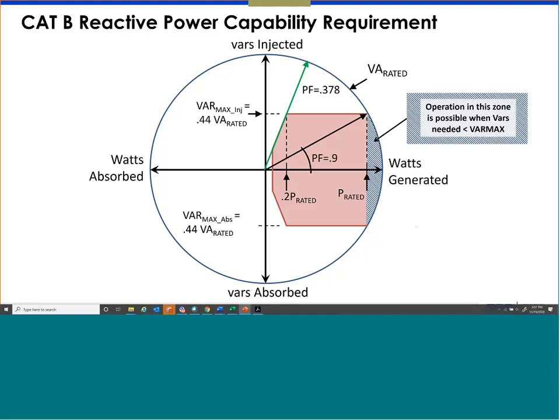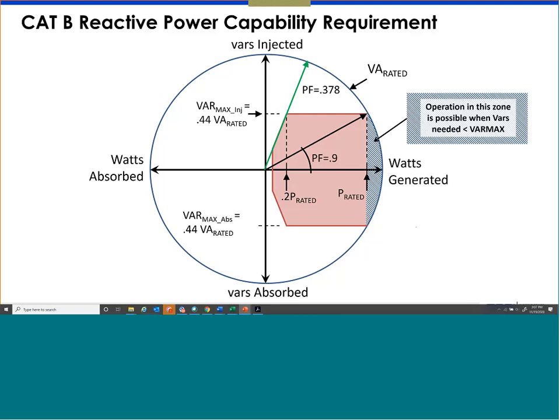The other part, the hatched part in blue on the right, is where the inverter or DR can operate, which means more real power generation. But if there's a reactive power need, they have to immediately reduce the real power and provide the reactive power support needed. They cannot say, oh, I'm operating at this point and I cannot give you the reactive power.